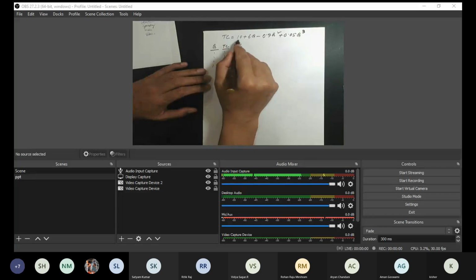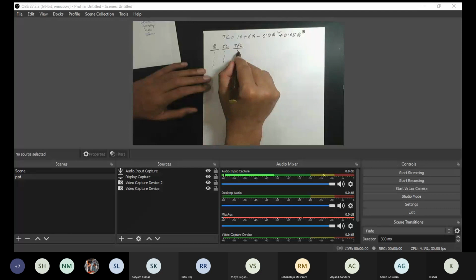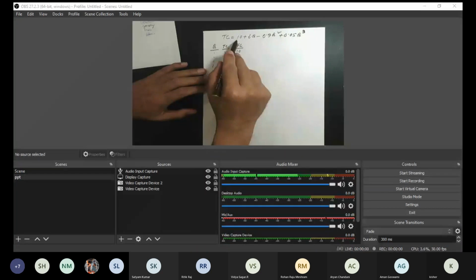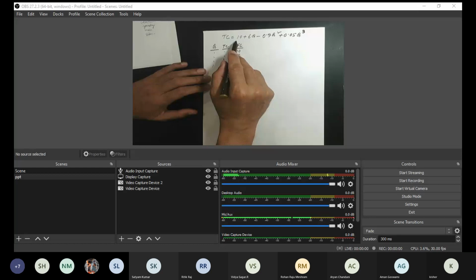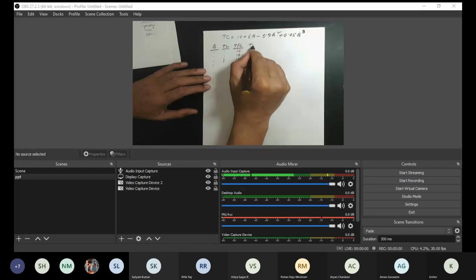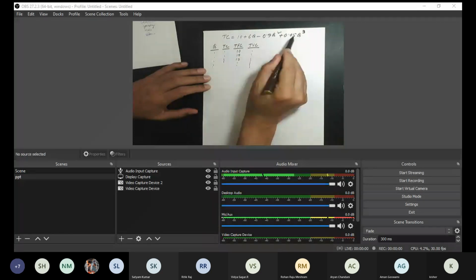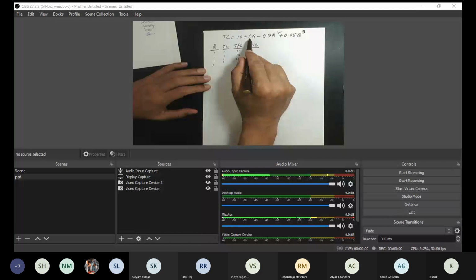Total fixed cost, you know it already. I have given it. So in each and every case it will be 10. Irrespective of level of output, total fixed cost remains fixed. And TVC, total variable cost, against different values of Q, this portion is total variable cost. You know it, I believe.